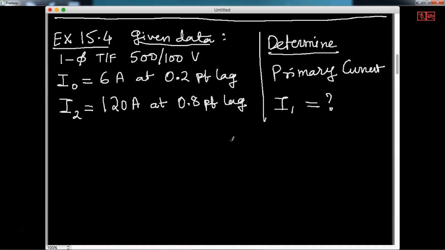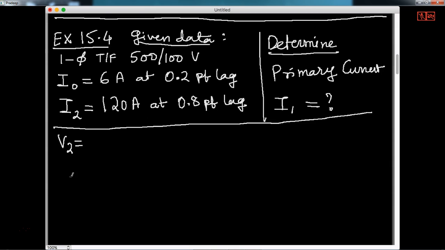Now, because the rated voltage is 100 volts, I'll assume that E2 is 100 volts, the terminal voltage V2 or E2. So let me solve the problem here. This is the given data. V2 or E2 equals 100 volts.